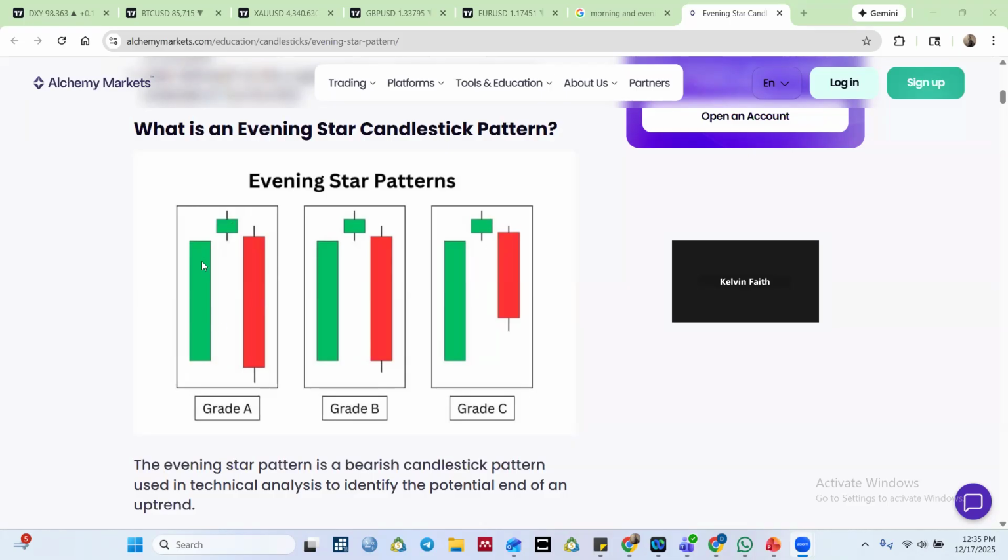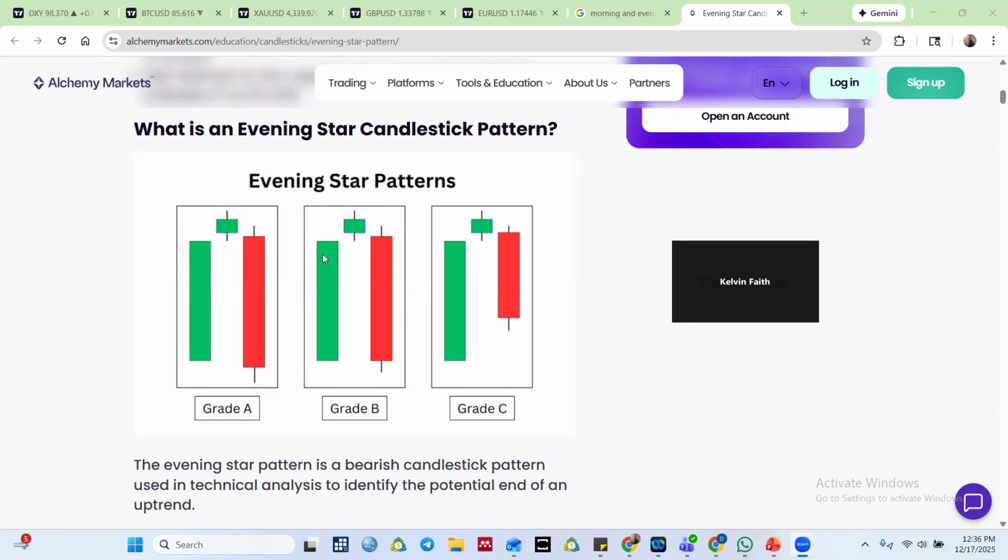But what I want us to learn from here is that this pattern gives you an indication like a higher high. If you look at the high, let's say we are using the first option here as an example, the first bullish candle, the big one, makes a high. Then the doji makes a higher high. Then the bearish candle makes a lower high.